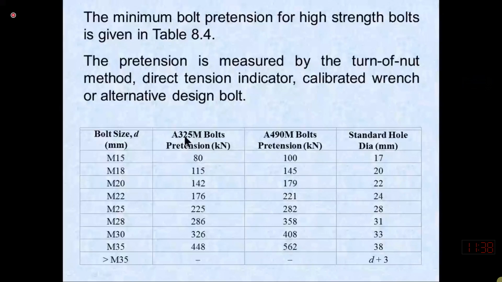So the next question arises: how can we check that we have provided this much pre-tensioning? You can read out this slide yourself. In hot driven rivets, we cannot control the pre-tensioning because the rivets are in hot form and when they cool, they shrink.